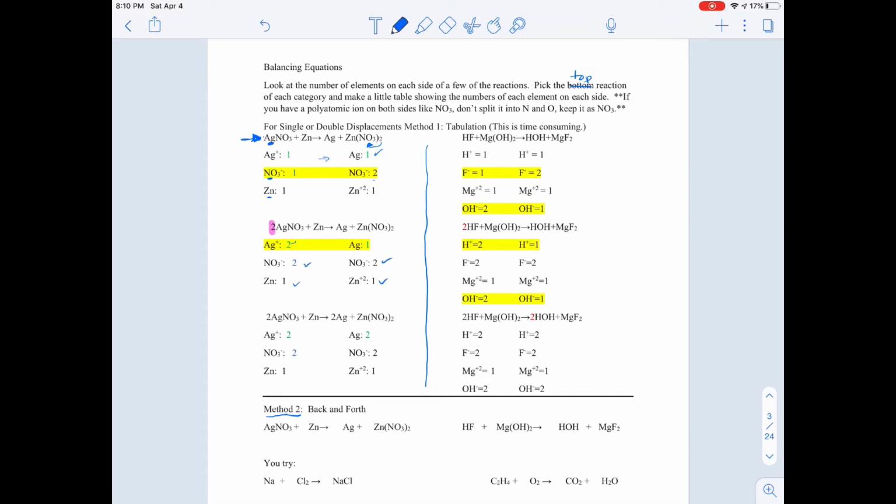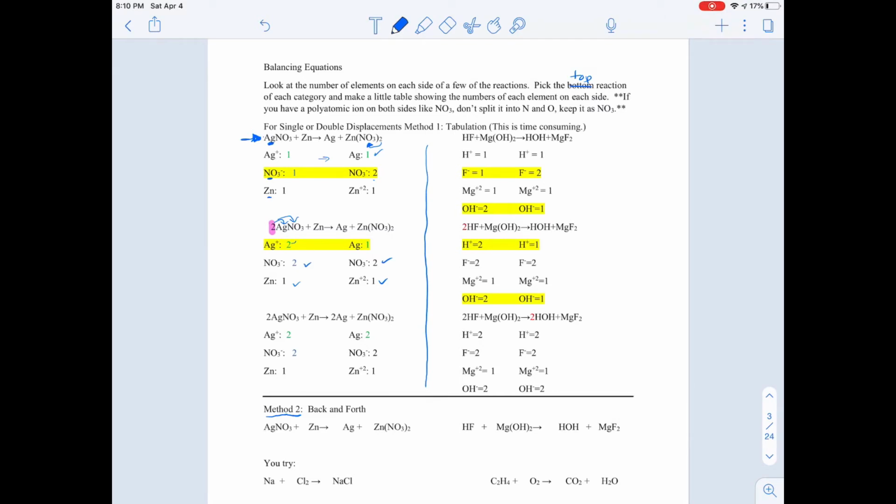And these 2 guys already match, so that's cool. But now look what happened. When I fixed him, I didn't just fix my NO3, it also changed my AG. So this is the whole thing with balancing with the tabulated part, is you have to keep up with how many times you fix something. So we fixed one thing and kind of messed up something else.